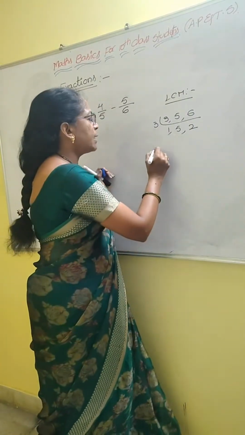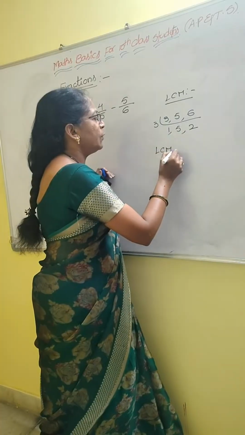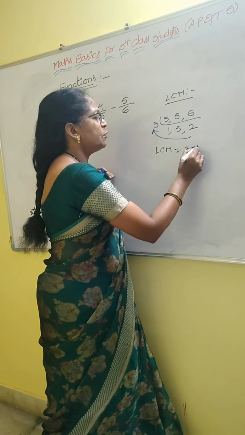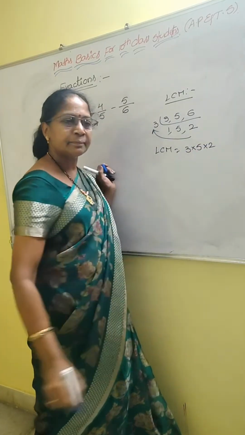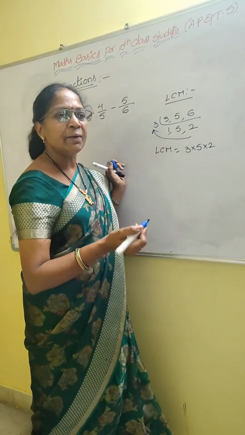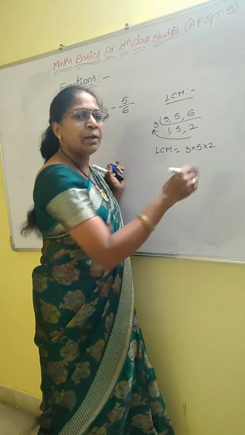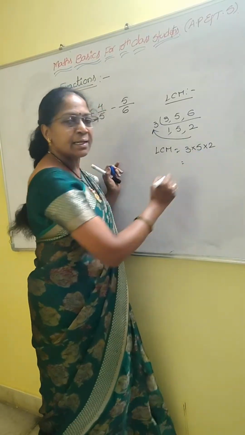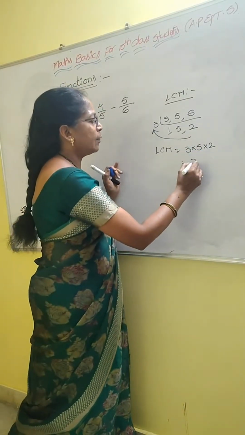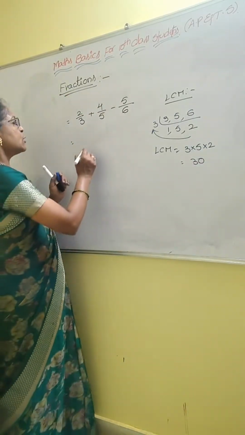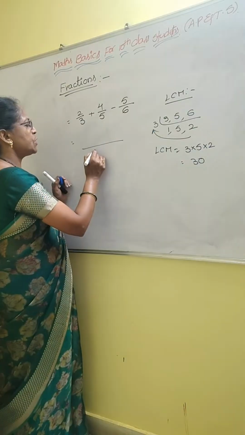So LCM equal to the multiplication of all these numbers, 3 into 5 into 1. No need to write 1; into 1 also you will get the same number. So 3 fives are 15, 15 twos are 30. So here LCM equal to how much? 30.